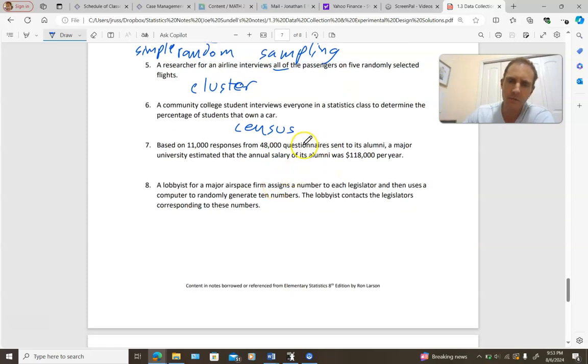This one, I believe this one is convenient sampling, because the university didn't go to any great lengths. They just sent out 48,000 questionnaires and they got 11,000 responses, and they're going to use these 11,000 responses. Okay, so this is actually convenient sampling.